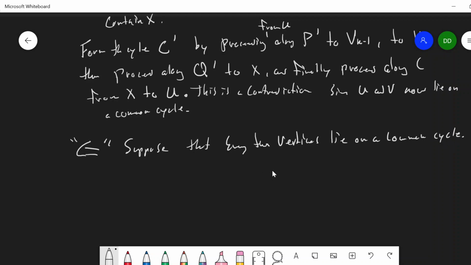And I'd like to show that G is non-separable. So I'll suppose that it is separable.